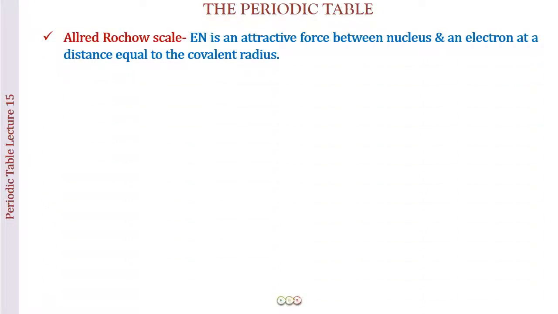The next we have is the Allred-Rochow scale. Allred and Rochow were two chemists who came up with this scale, and they did so by taking the electrostatic force of attraction exerted by the effective nuclear charge on the valence electrons. So we define the electronegativity according to this scale as the attractive force between the nucleus and an electron at a distance equal to the covalent radius.